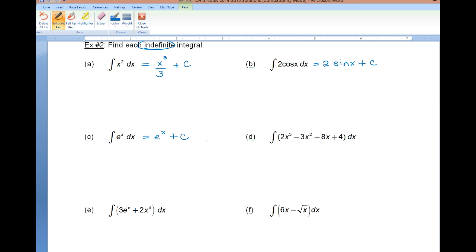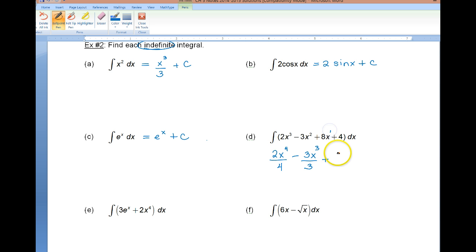You can distribute this integral sign to each individual part. That's too much writing, so just do each, and even the coefficients can go out in front. But these are all just the power rule for integrals. So if this is x to the 3rd, it becomes 2x to the 4th over 4. Just bring the 2 along, just like when we did derivatives. We'll simplify in the next step. The next one becomes 3x to the 3rd over 3.